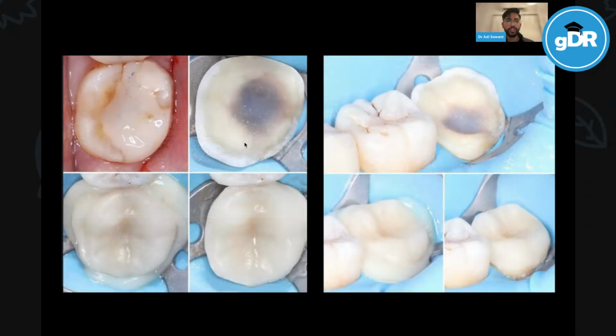Some other preps here. Again, the same principles, right? We're exposing that enamel at the end, but we've got our dentine secured. I could have kept these cusps, but I didn't because this patient's a bruxer. There is some more recent evidence to show that if you're capping cusps that are thicker than 3 millimeters, there is a bit more chance of catastrophic failure, which means failure further down the tooth.